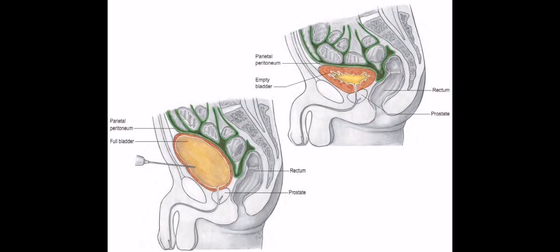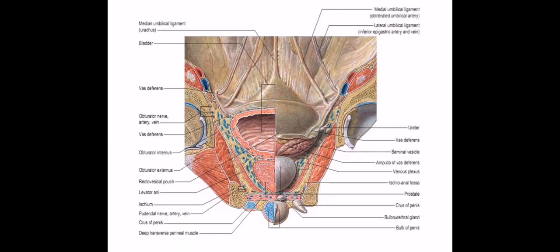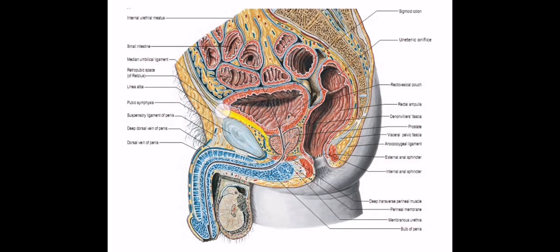The inferolateral surfaces are related in front to the retropubic pad of fat and the pubic bones. Here the smooth muscle fibers of the bladder are continuous with those of the prostate.